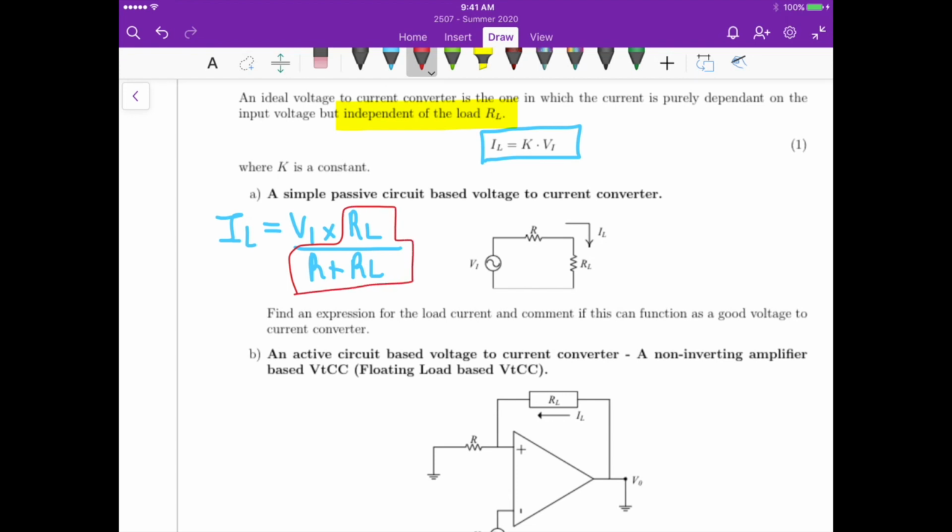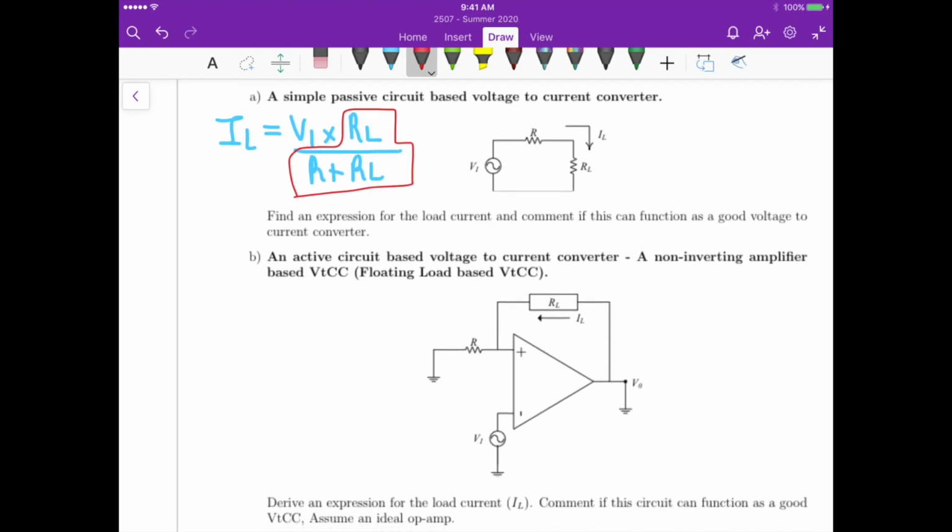It actually depends on RL. So this particular circuit wouldn't be a very good voltage to current converter, given that its constant K depends on the load resistance, right? So this wouldn't be a good voltage to current converter.